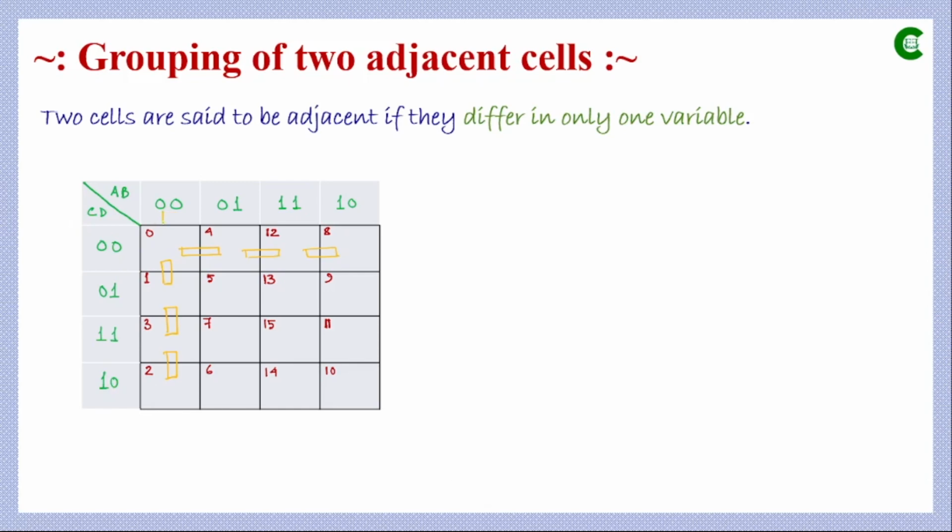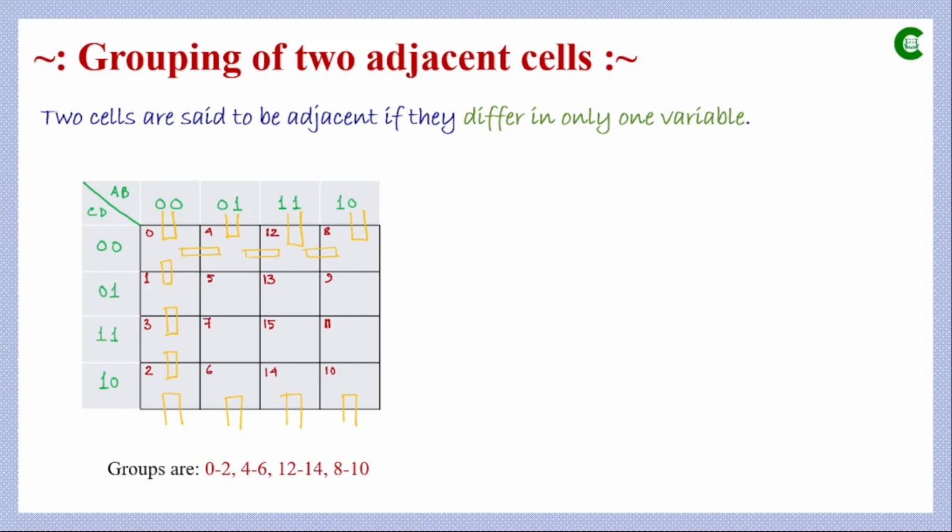As per the definition, cell number 0 and cell number 2 can be grouped together, and the same logic is applicable for cell number 4 and cell number 6, cell number 12 and cell number 14, and also for cell number 8 and cell number 10. So this is the complete list of these types of groups.